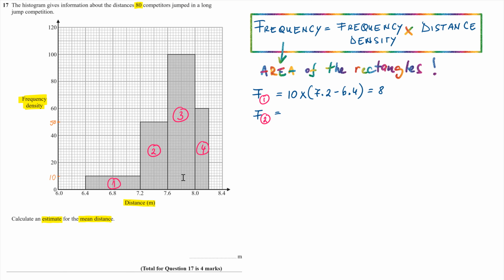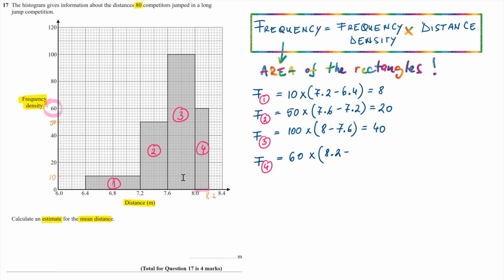The second frequency is 50 times 7.6 minus 7.2, this is 20, and the third one is 100 times 8 minus 7.6 is 40, and the fourth frequency is 60 times 8.2 minus 8 equals 12. We know that we calculated this correctly because their sum equals 80, which was already given. There are 80 competitors.